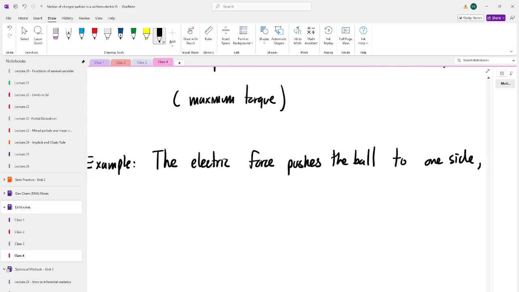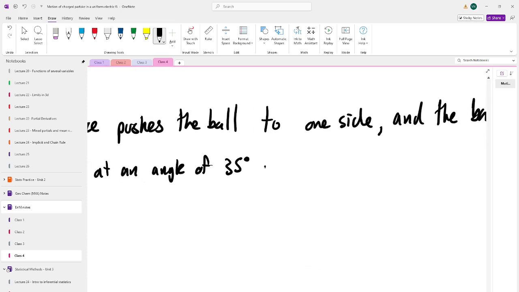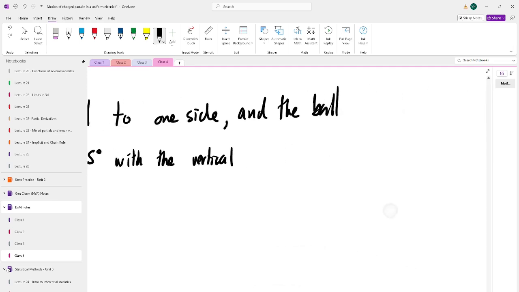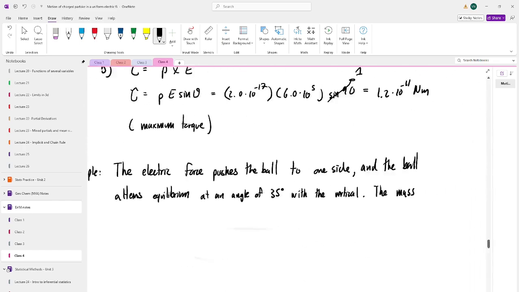And the ball attains equilibrium at an angle of 35 degrees with the vertical. So the mass of the ball is given.